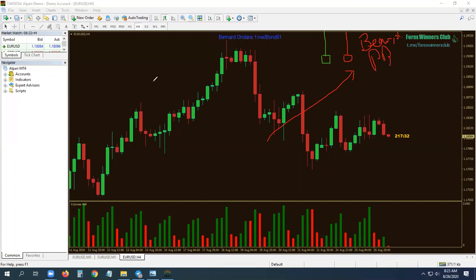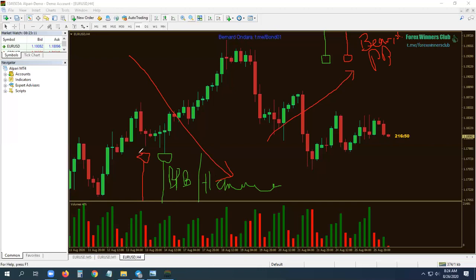Or the market is moving down like this. You come across a candle that looks like this. Small body and a long wick to the bottom. This is a pin bar or a hammer, if you remember. Hammer or bullish pin bar. Why is it called a bullish pin bar?